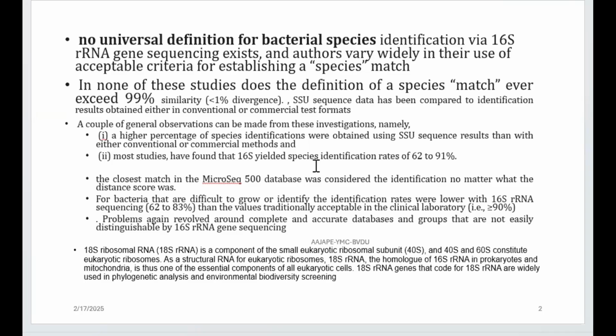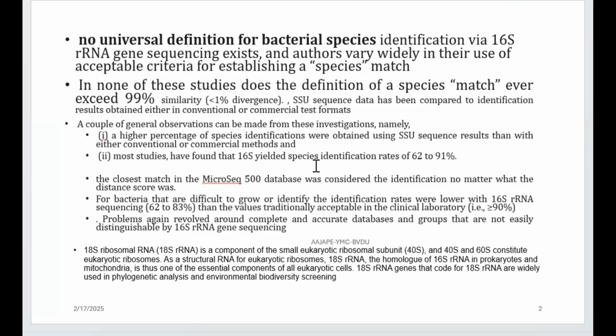When it comes to use of 16S rRNA identification for unculturable bacteria, sequencing gives you 62 to 83%, unlike the values which are traditionally acceptable. Traditionally, we say more than 90% similarity shall be considered as the criteria for finding the species match or genus match, respectively. But when it comes to unculturable bacteria, the matches are between 62 to 83%.